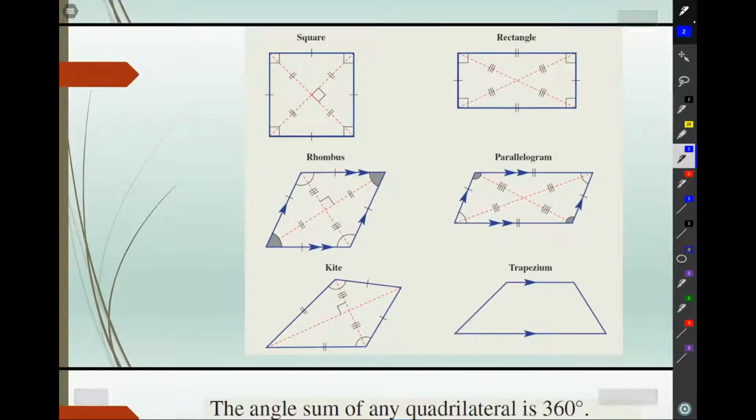This slide is just a quick bit of revision for you about the different kinds of quadrilaterals we're going to be looking at today, and in some of these I just want to point out that you can cheat a little bit. Here in a parallelogram and in a rhombus we have a couple of pairs of angles that are the same.